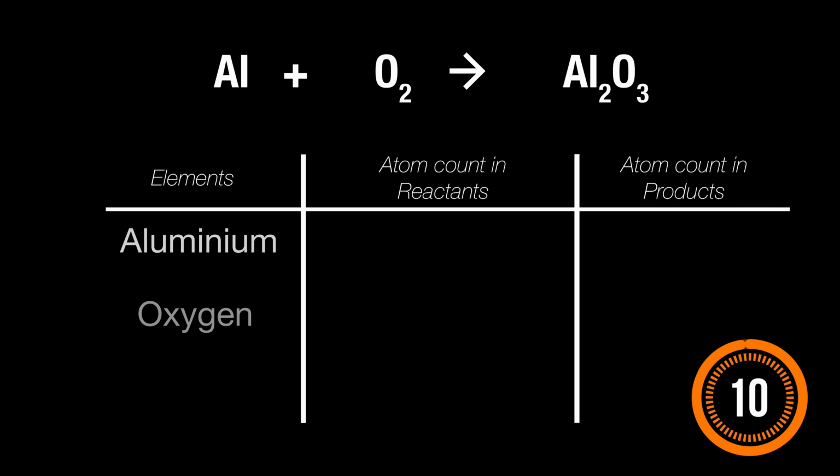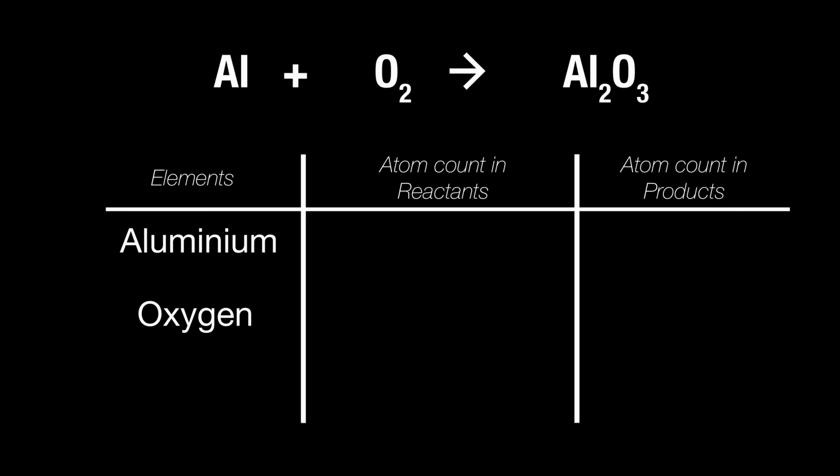One last equation, but this time I'm going to leave it up for a few seconds so you can pause the video and work through it yourself before I go through the solution. So, working through this one, I've noticed a problem straight away, that there's an even number of oxygens on the left and an odd number on the right.